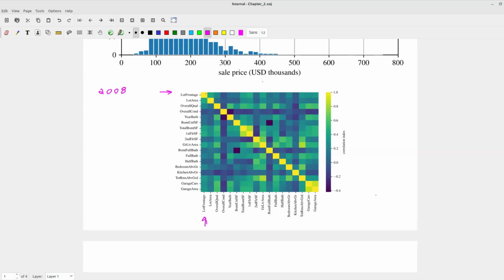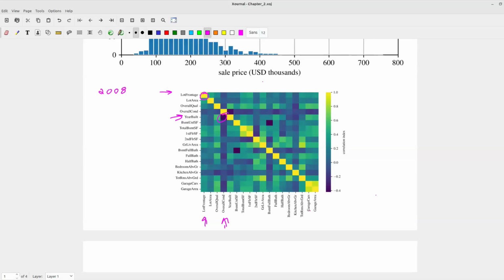Lot footage versus lot footage is 1 because it's perfectly correlated with itself. Other things are not correlated, like year built and overall condition, or maybe they're inversely correlated: the older the house is, the worse shape it's going to be in, and so it's this dark color.